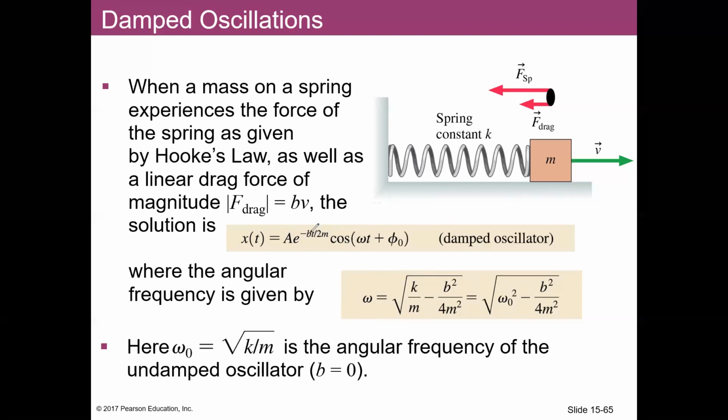The formula would be exactly the same, except the angular frequency would still have the b squared over 4m, but it would be g over L instead of k over m. So that's the one difference that the simple pendulum would have when you do this analysis. And that's why they have it be more like that. That's omega squared.